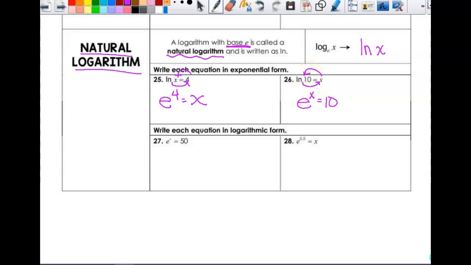Make sure you go around that equal sign, because it's easy to do, but it's also easy to mess up. So then going the other way, does that say e to the x? It just looks like a blob up here to me. If I want to rewrite this as a log, the base of the exponential is e, so the base of the log is e, which means it's the natural log of 50 around equals x.